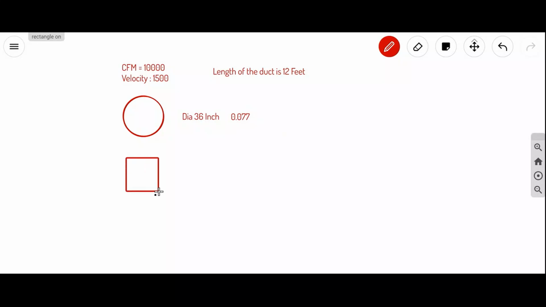For square, find out. 35, 30, 32. Sir, 32. Same, 0.76. Then a rectangle with a height of 18 inch.